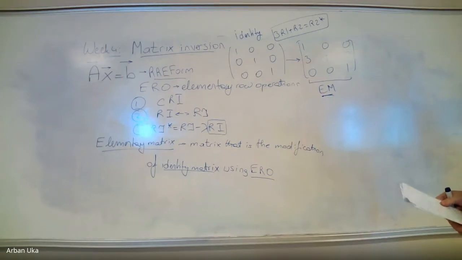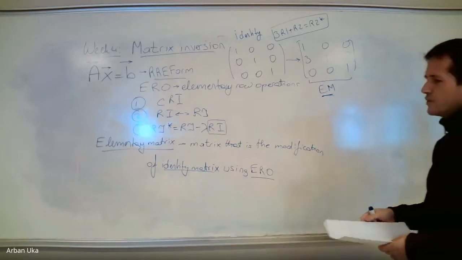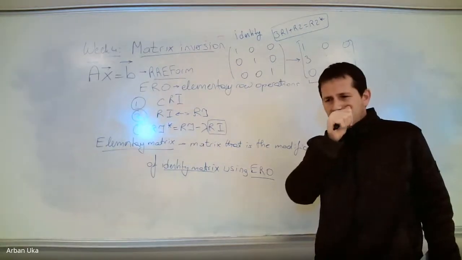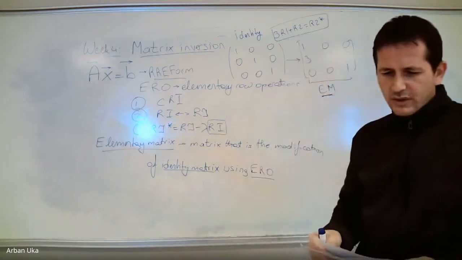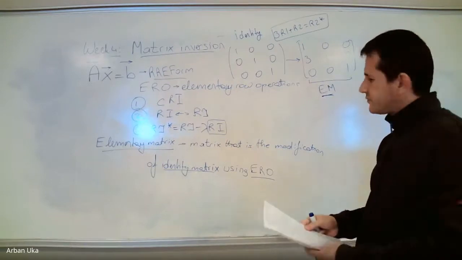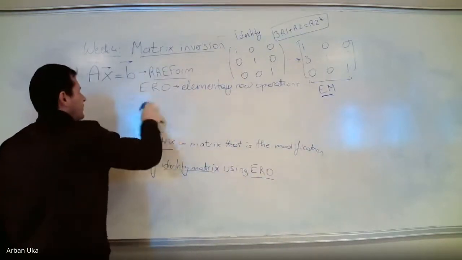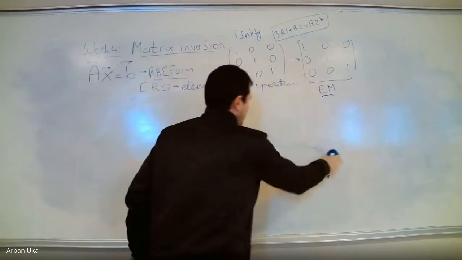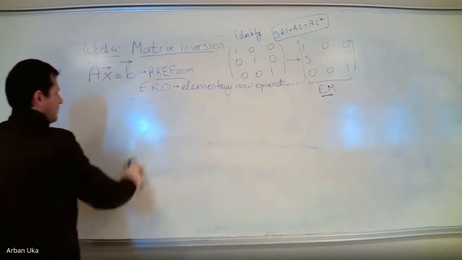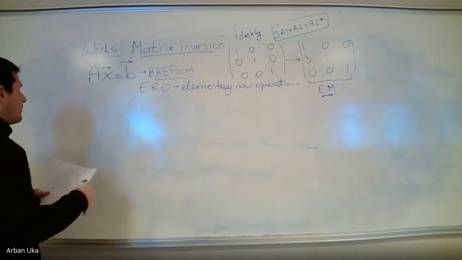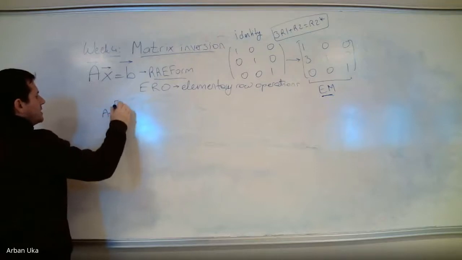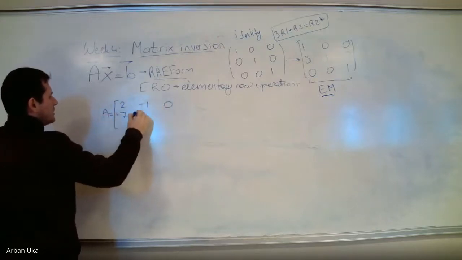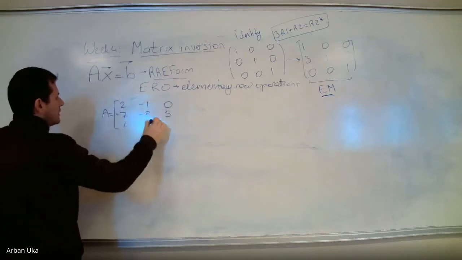And we use these elementary matrices because they represent a transformation from one matrix to another. For example, let's give a matrix A, which is equal to 2, minus 1, 0, 7, minus 8, 5, 1, minus 1, 2.